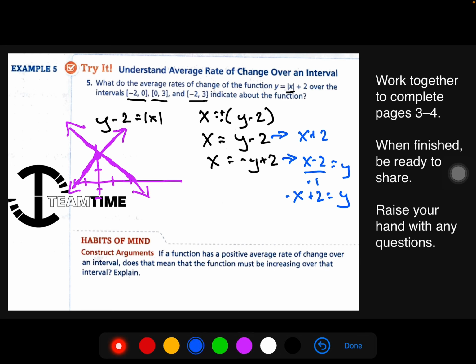And so let's just have a quick look at negative 2, comma 0. This point here, and then 0, comma 3, that's up here, and negative 2, 3. It's going to be up here.